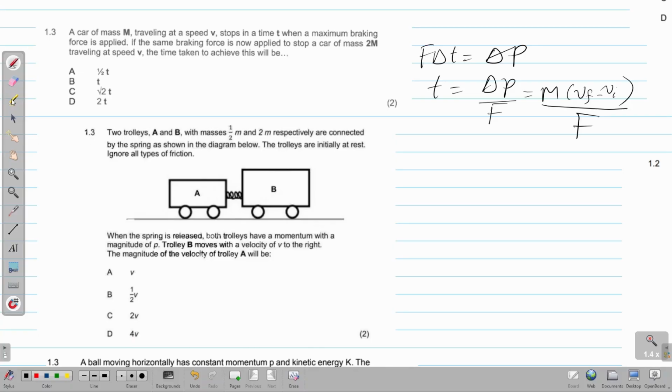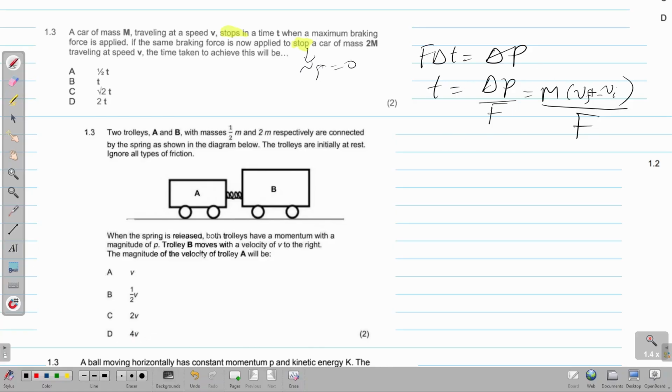So let me highlight this word again, stop, here. This indicates that our final velocity is 0. So stop means that the final velocity is equal to 0.